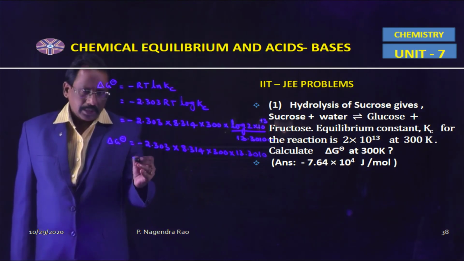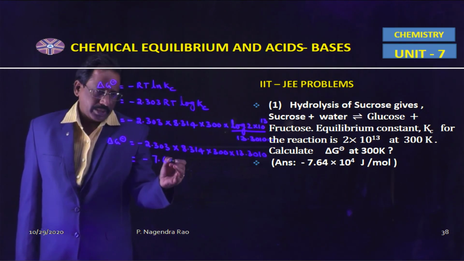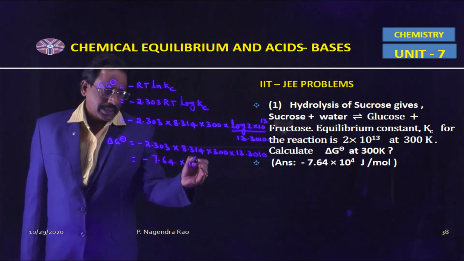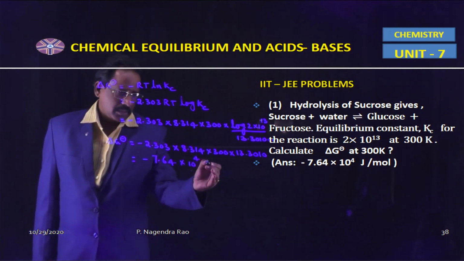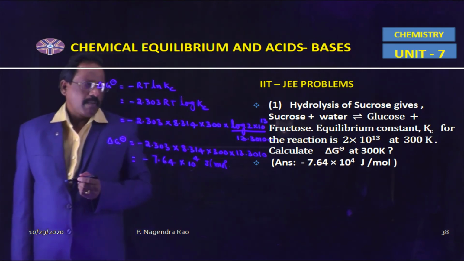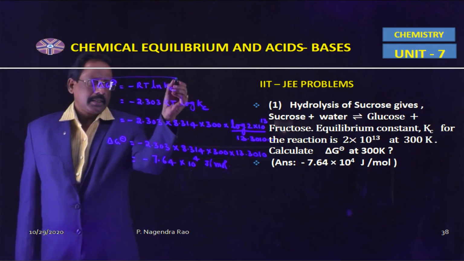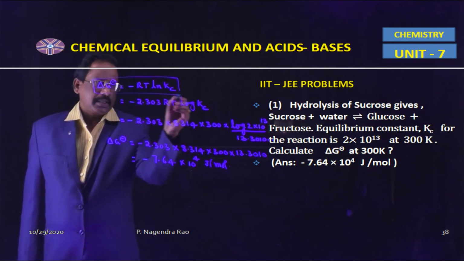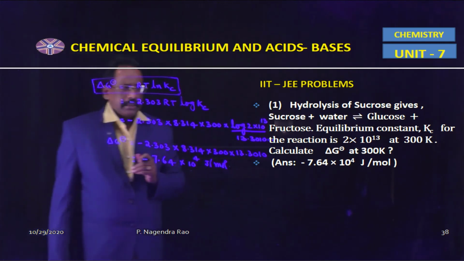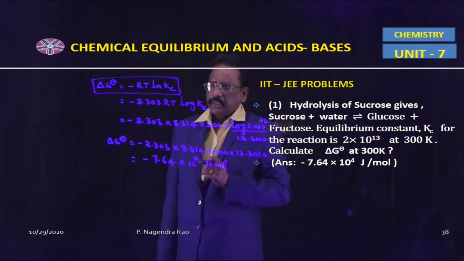So this is equal to minus 7.64 into 10 power 4 joules per mole. So the relationship between change in Gibbs free energy at standard conditions is equal to minus RT ln Kc.